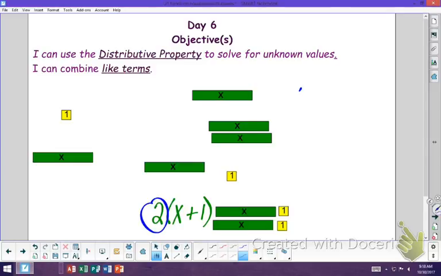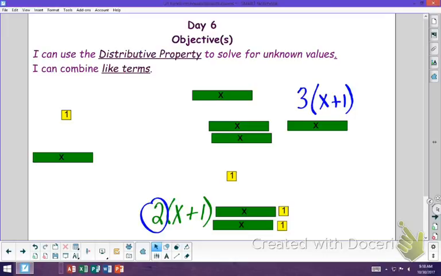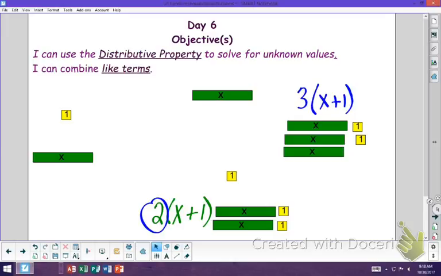If I have 3x plus 1, again, I would model, I'm going to grab this one, x plus 1, x plus 1, and then another x plus 1.